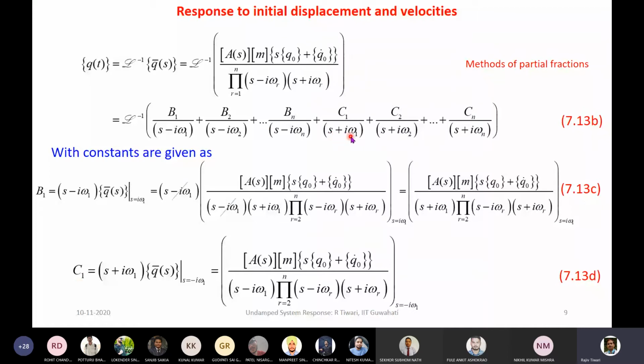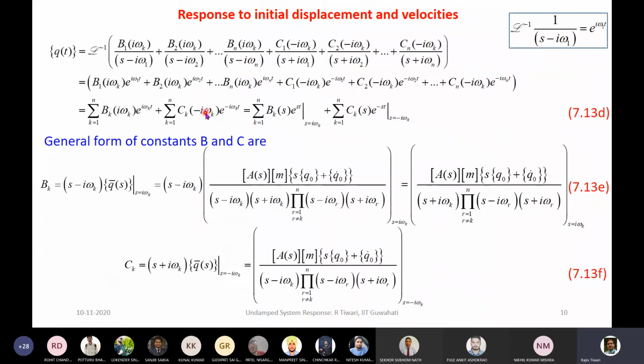Here we have (s plus i omega 1), which we need to multiply, and then put s equal to minus i omega 1, and here also this plus term will cancel and we will be left with this quantity. In this we need to substitute s equal to i omega 1, so this will give us C1. So B1 and C1 I have shown, but for B2, C2 and the others, a similar procedure can be used to obtain the other constants.